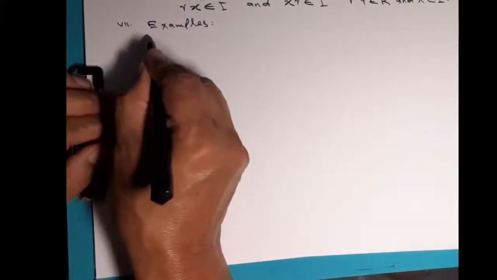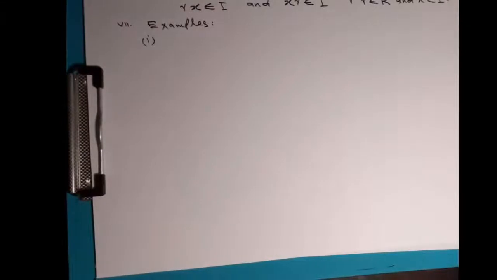First of all, let's see an example for left ideal. For this example, I may not be able to write everything, but you can check it on your own. In fact, we are going to consider rings of square matrices.